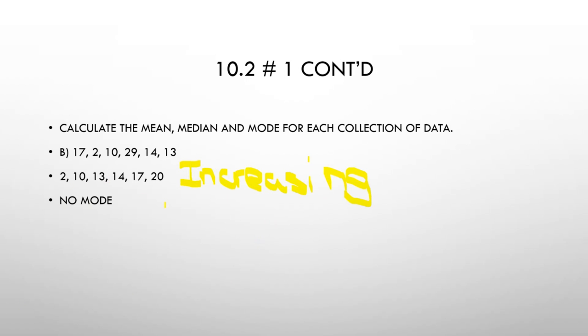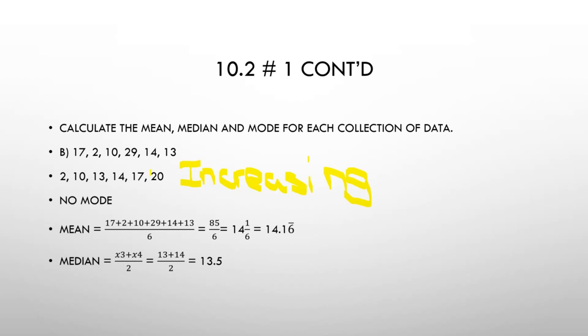So there's no mode. Each number occurs the same number of times. To find the mean, I'm going to add the numbers together, and because there's 6 numbers, I divide by 6. When I add them together, I get 85. So I have 85 divided by 6, which is 14 and 1/6. If you use your calculator, that'll give you a repeating decimal: 14.16 repeating.